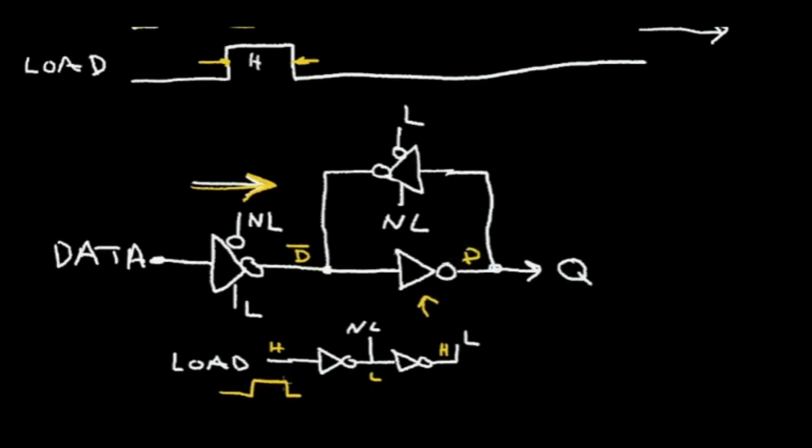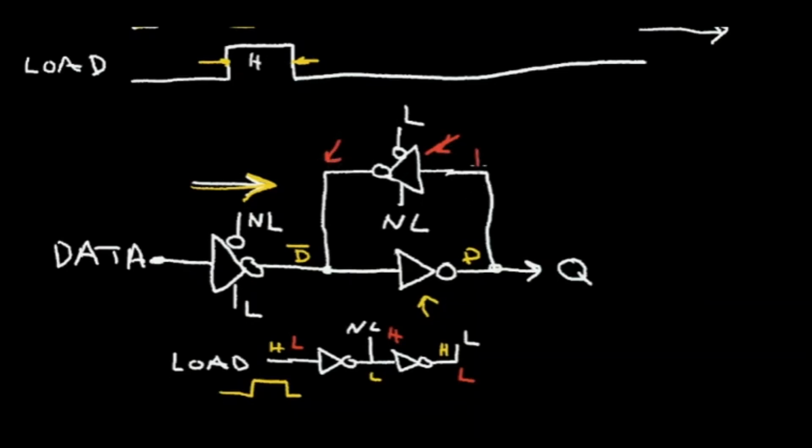Now when my load signal goes away, this will go to a low voltage, this will go to a high voltage, this will go to a low voltage, and that will enable this tri-state driver to transfer the data back to this point.